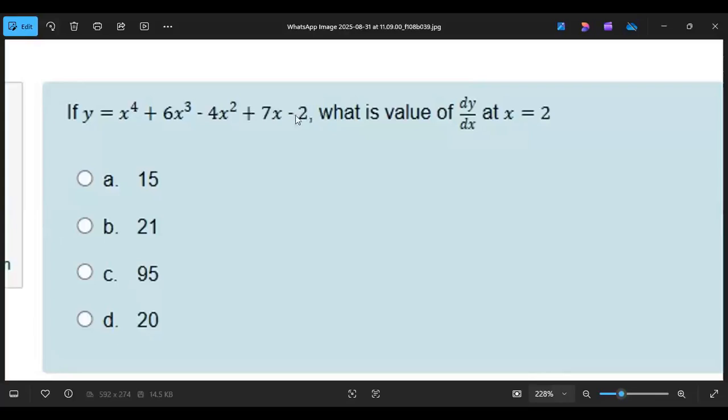Then when you are done with the differentiation, you replace all the x variable with 2. Please don't make mistake. They are only asking you to differentiate this function once. They are not telling you to find the second derivative, the third derivative. Just differentiate it once and replace that x with 2. So let's have the answer before we do the correction together.